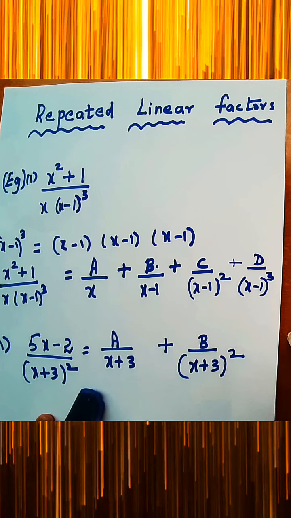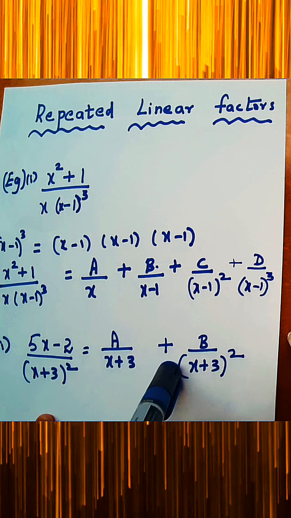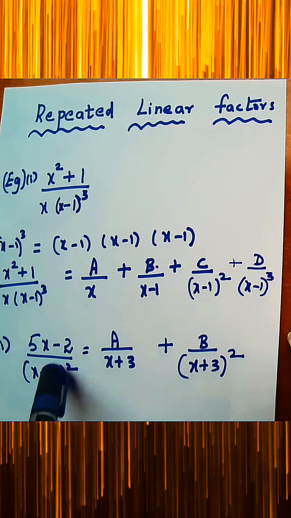Second one: 5x minus 2 divided by x plus 3 the whole square. Here also it is a repeated linear factor. X plus 3 is repeated 2 times. So I can write this as a divided by x plus 3 plus b divided by x plus 3 the whole square. Understood students? Then you have to find the values of a and b and substitute to get the answer. As I told you, remember it should be a proper fraction.